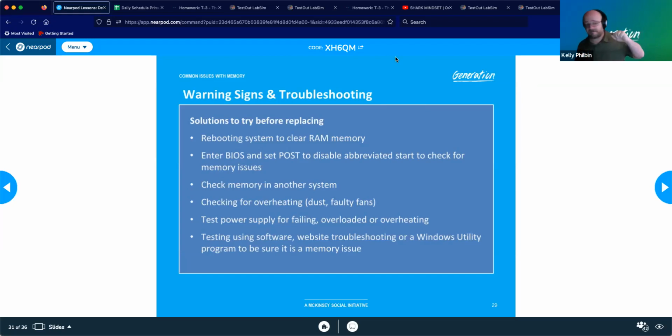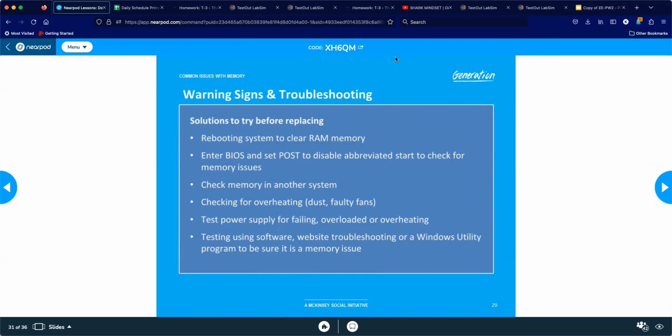Can anybody tell me the 5 voltages you would expect to see coming out of a power supply? Give me one at a time. Each person give me one. Positive and negative 3.3? Positive 3.3. Okay. Positive and negative 5.